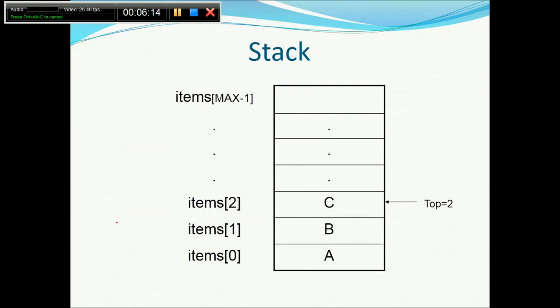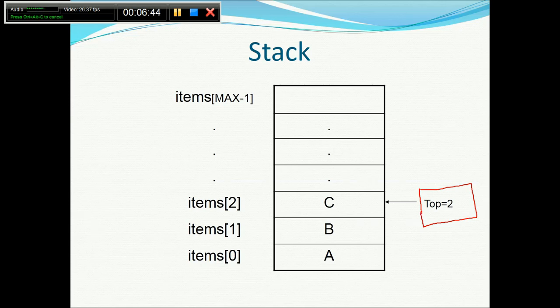Now consider this stack example, a visualization of an array representation. The size of the stack is max. Given the index starts from 0, the possible indexes are up to max minus 1. Currently top is pointing to the second index, top is equal to 2, and that is the index where the last element has been added onto the stack.